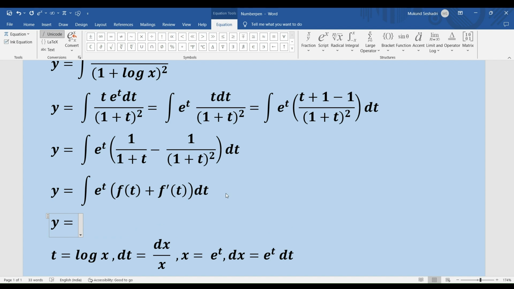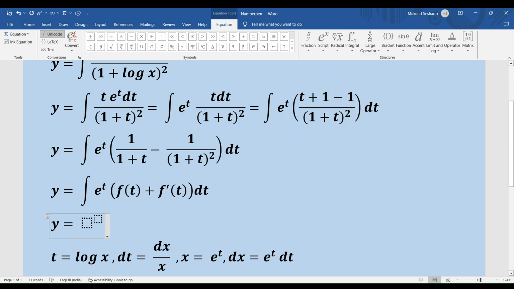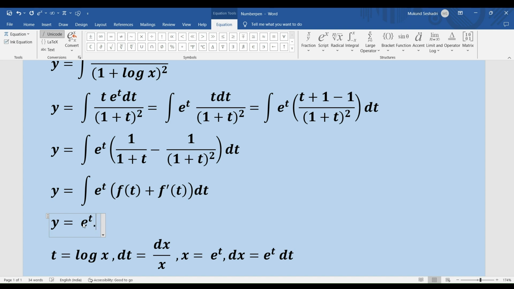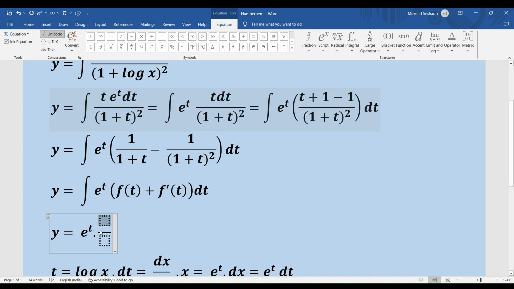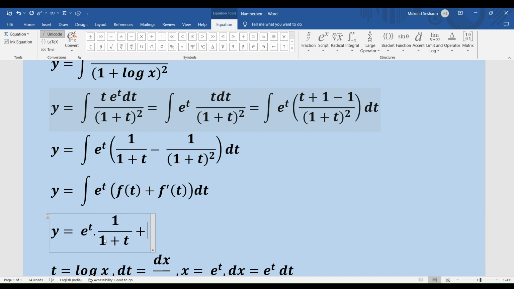My y is nothing but e to the power t f of t. And what is my f of t out here? My f of t is nothing but 1 by 1 plus t, right? So my answer is e to the power t times 1 by 1 plus t. And I know that I cannot leave my answer in terms of x, right? So I will have to simplify this further.